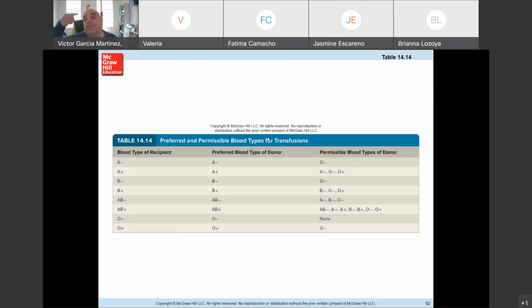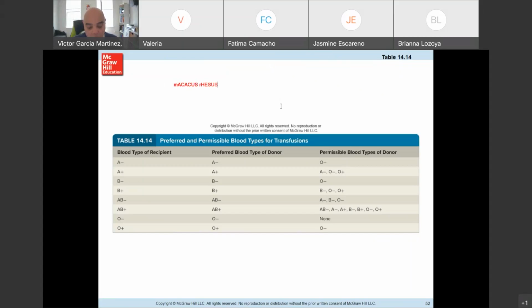Guys, we have another antigen, which is antigen D. And we discovered that in a monkey. That monkey is called Macacus rhesus. I'm going to show you here. Macacus rhesus.